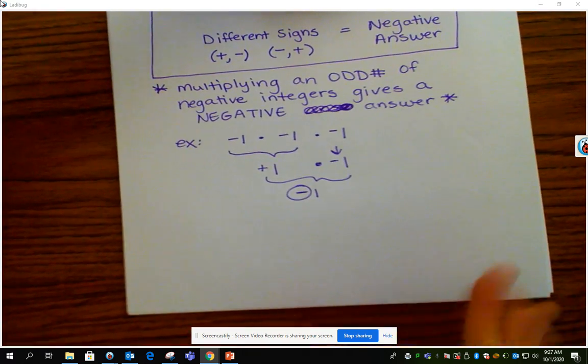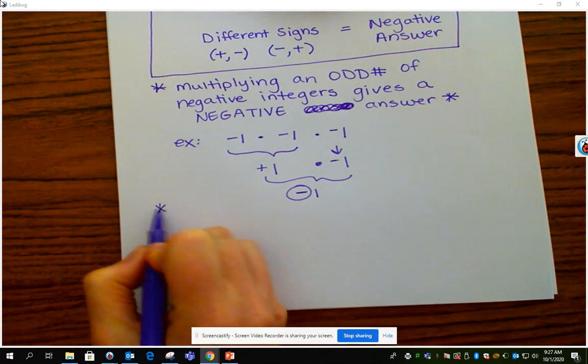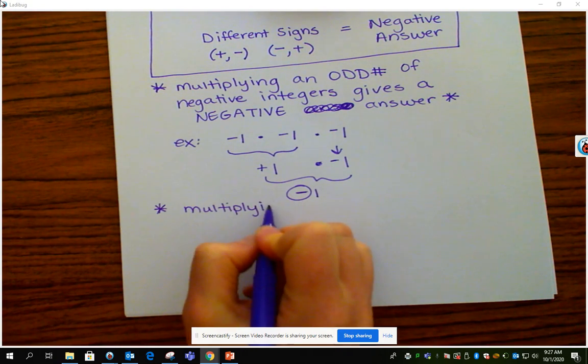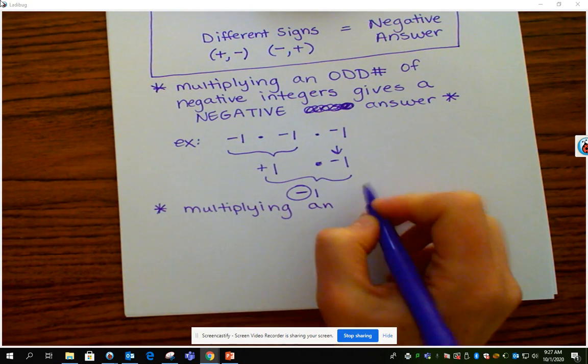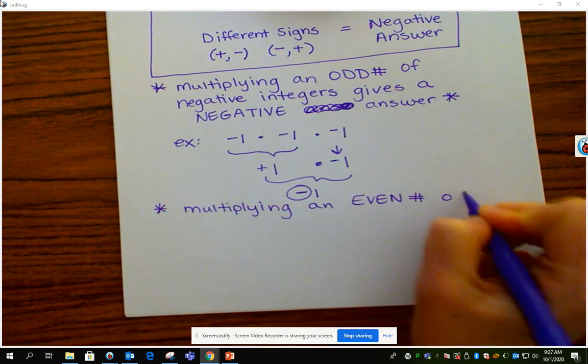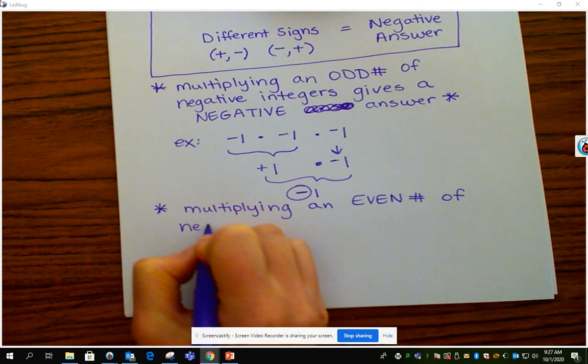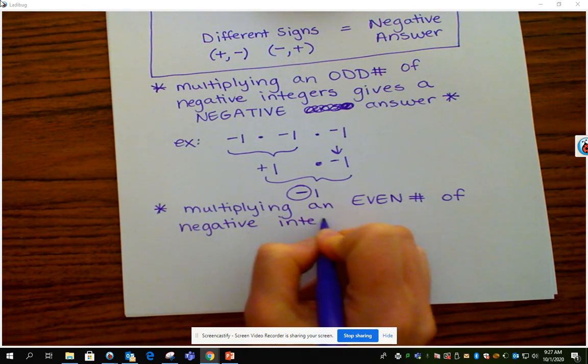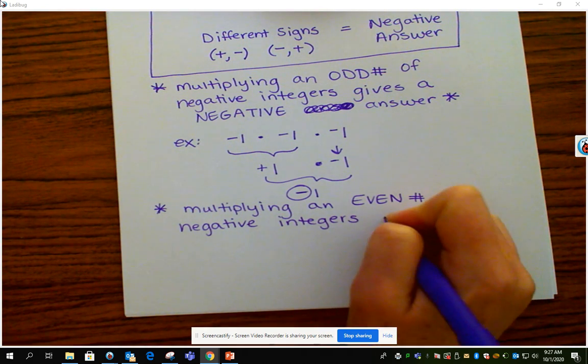By the same token, multiplying an even number of negative integers gives a positive answer.